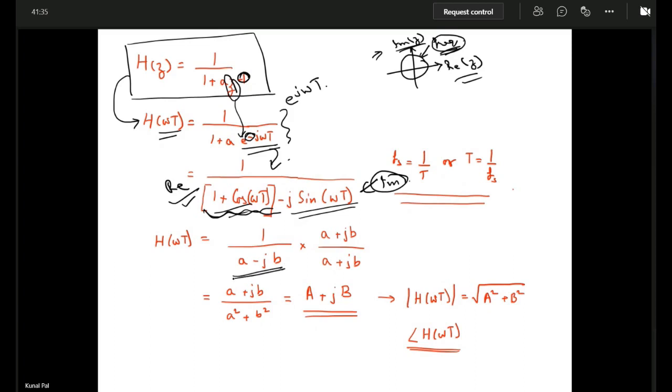Next, once you have this transfer function in this form, you multiply the numerator and the denominator with the conjugate of the denominator.